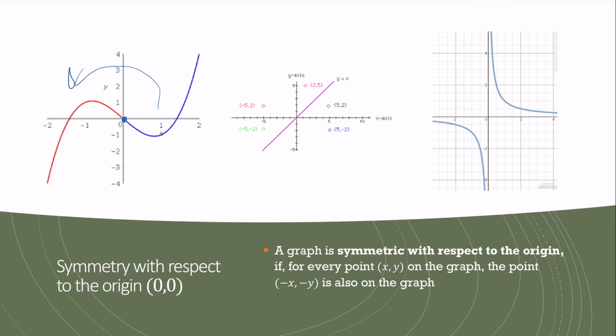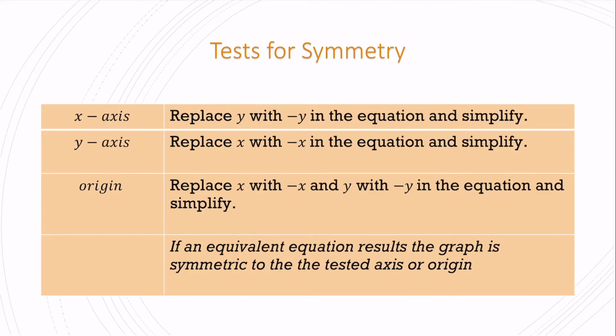So how can I prove if a graph is symmetric to the x-axis, y-axis, or the origin? In order to test for symmetry with the x-axis, you replace y with negative y in the equation and simplify. What you're trying to do is find an equivalent equation. If you get an equivalent equation, then your graph is symmetric.